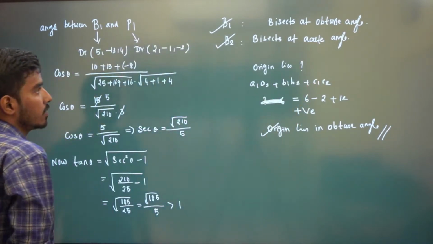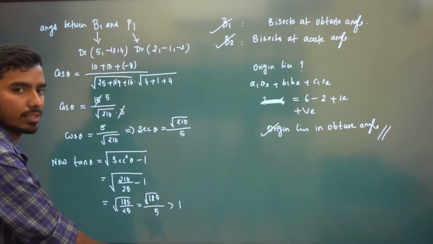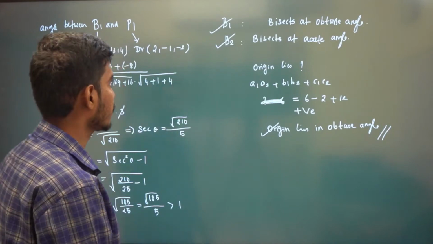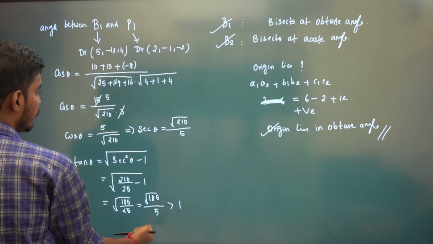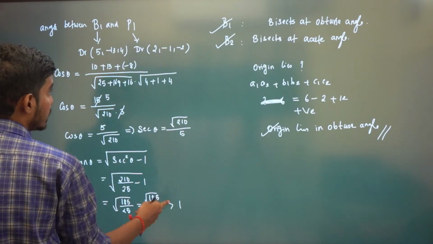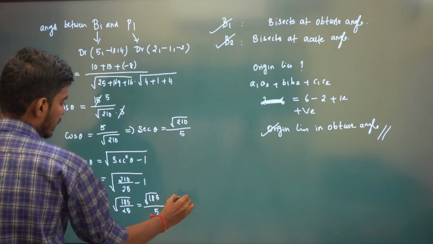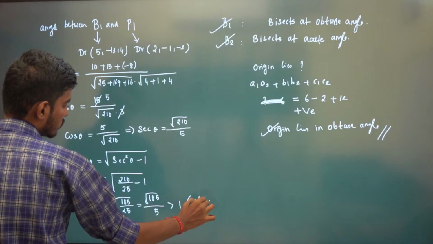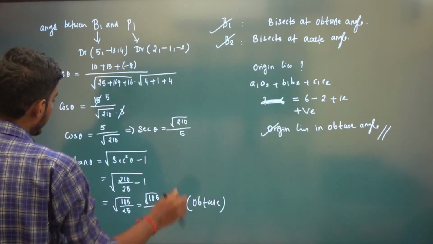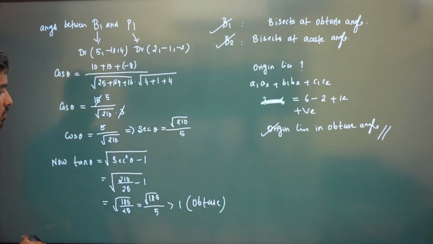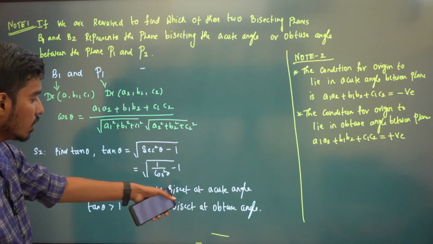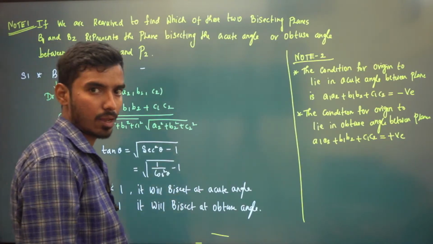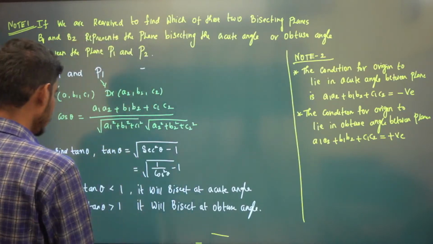Sorry. If one is obtuse, other will be acute only. Right? So B1 bisects at obtuse angle, which we already found, because tan theta is greater than 1. That means it will be obtuse. So B2 will be acute. If tan theta turns out to be less than 1, you say it is acute. The other will be obtuse. Right?